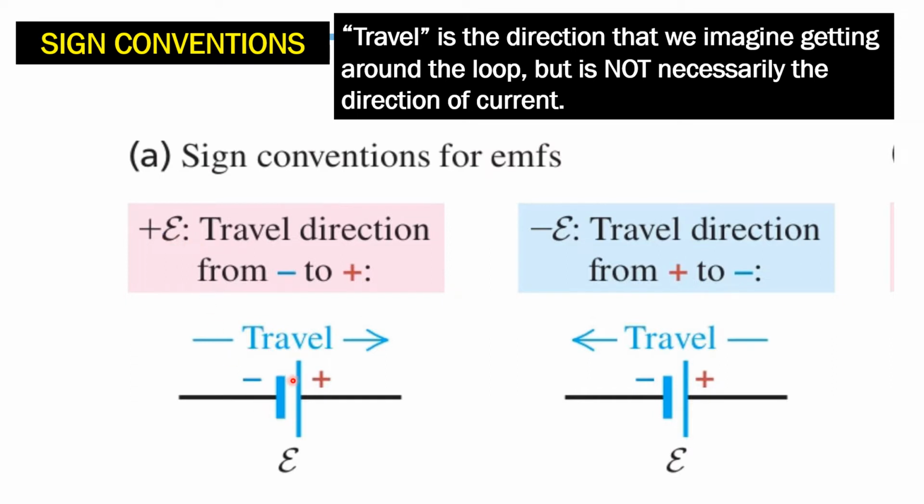Again, traveling from negative to positive means a positive EMF. Otherwise, if your direction of travel is from the positive to the negative terminal, then you must assign a negative sign for your EMF.